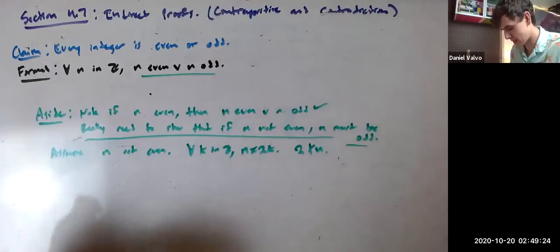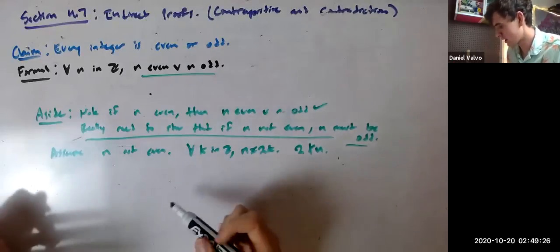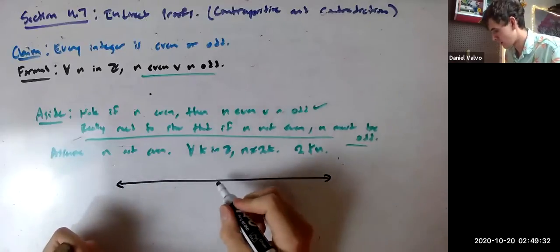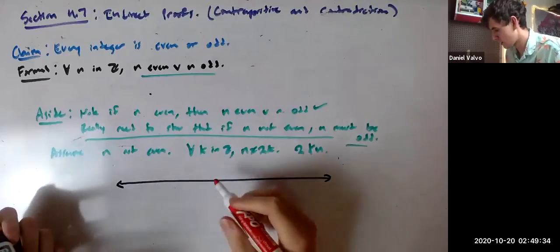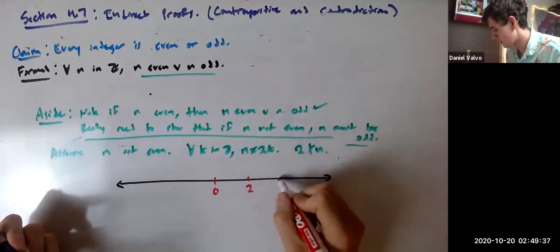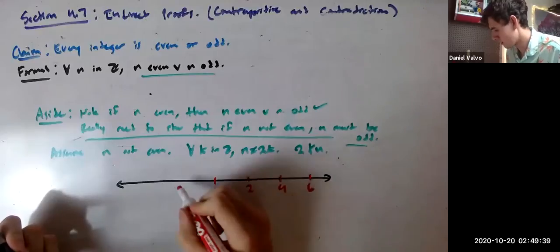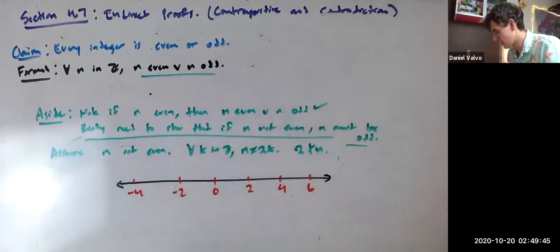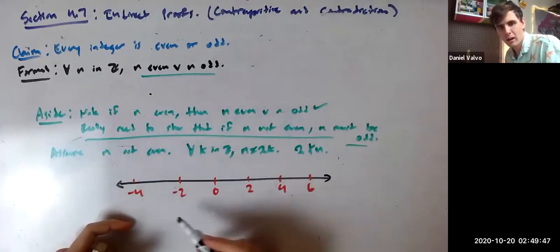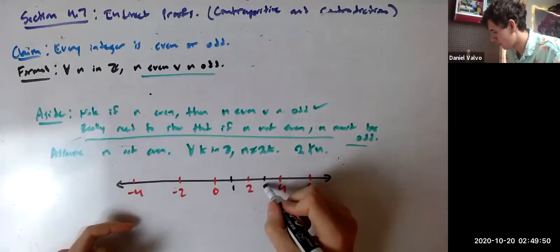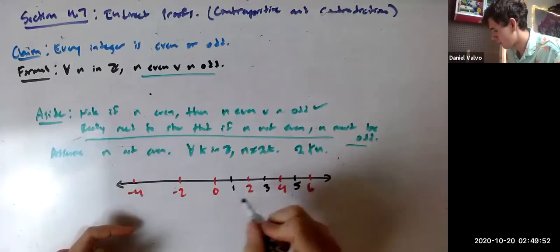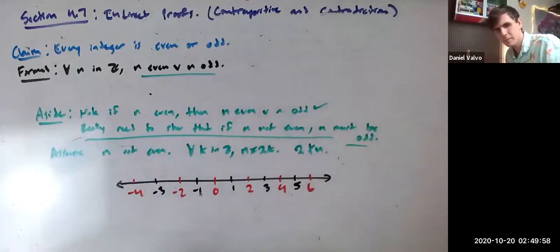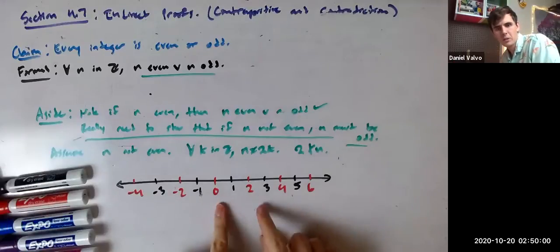Let's look at this. Let's get some colors up in here. Let's look at a number line. Notice that evens are in red here, right? Evens are the reds.